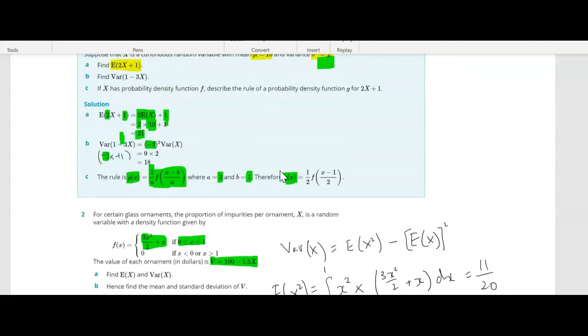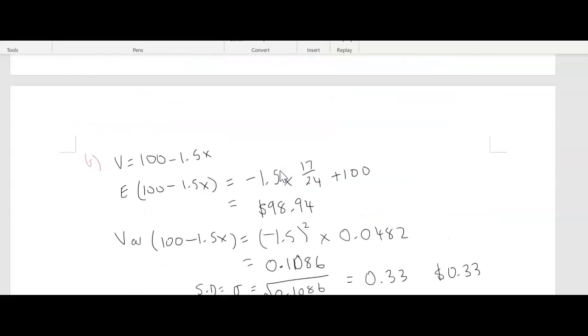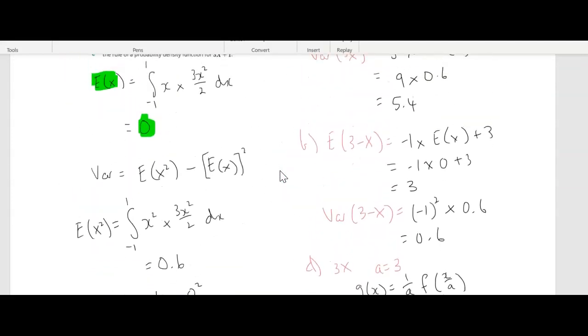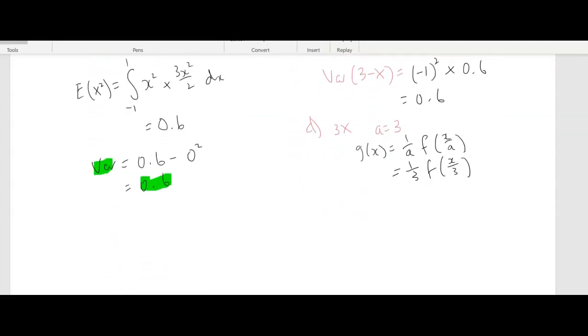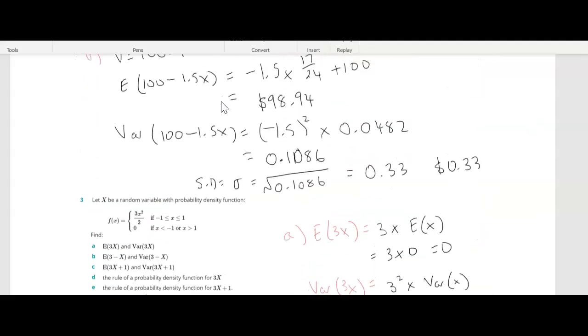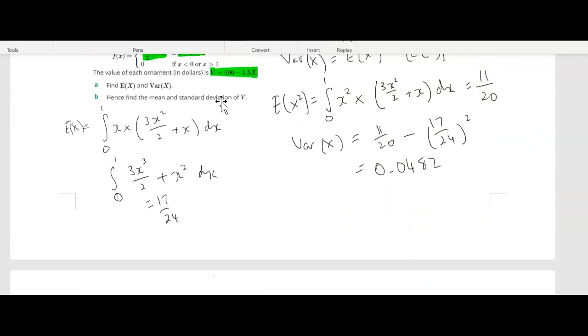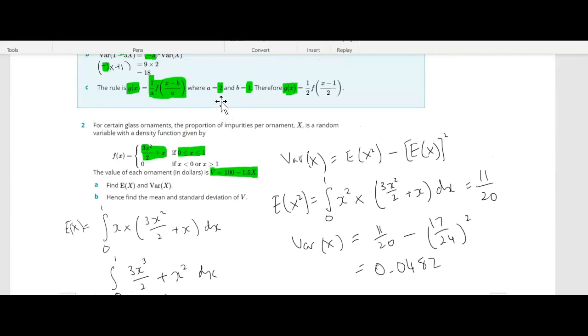Let me just double check. Oh gosh, my memory is terrible. Good. And sorry, I'm rushing now because I am now late for a meeting. So 3x plus 1 for E. Your value of a is 3 and your value of b is 1. So your function g of x: let me just scroll back up here.